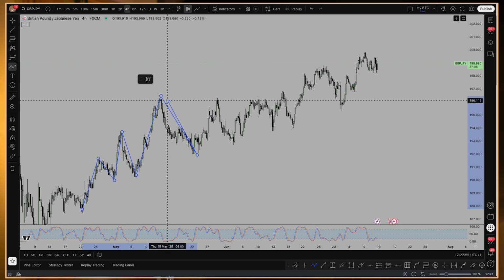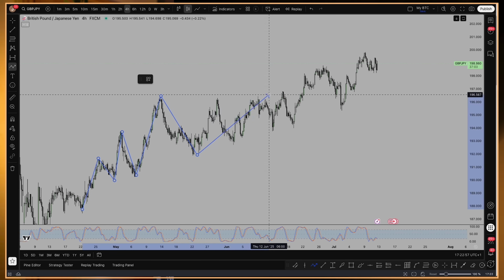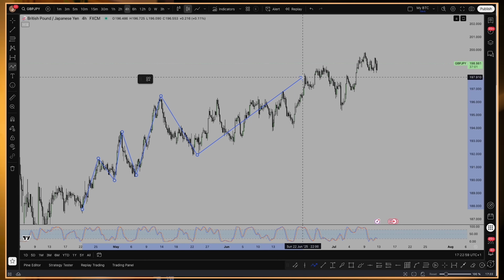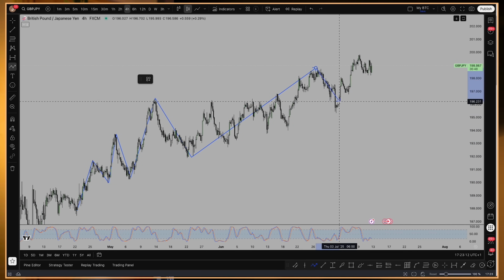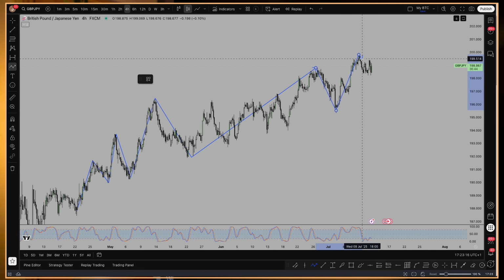Now this is not a high because it's not higher than this. It didn't make another high on this place. It made a high here. It made another low here, and here we have another high. So this is an uptrending market. The market is making higher highs and higher lows.